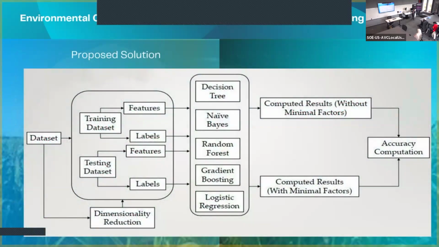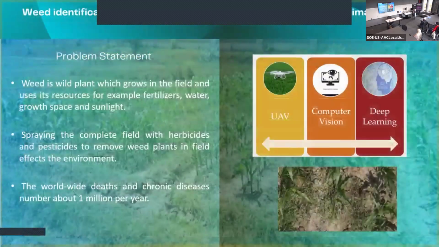And again, this was the proposed methodology, and we used this data set using this drone, and we grew different types of corn and maize fields in our university, and the students cultivated this crop by themselves and tried to capture the images through this drone during multiple stages, so that they can detect what type of issues are being faced or where we are getting healthy vegetation.